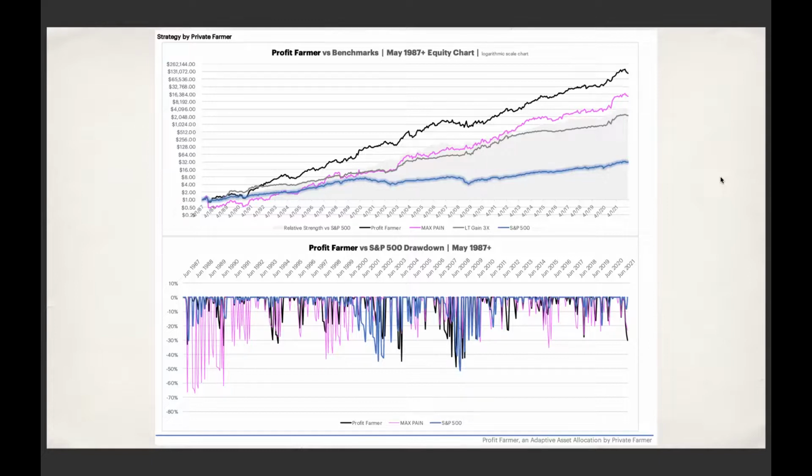Whereas, not on a month-end basis, but intraday, the S&P was down 33, maybe 35%. So when we got to midway through 2020, I was plus minus almost zero to the S&P, but I sidestepped a 25% drawdown getting there.